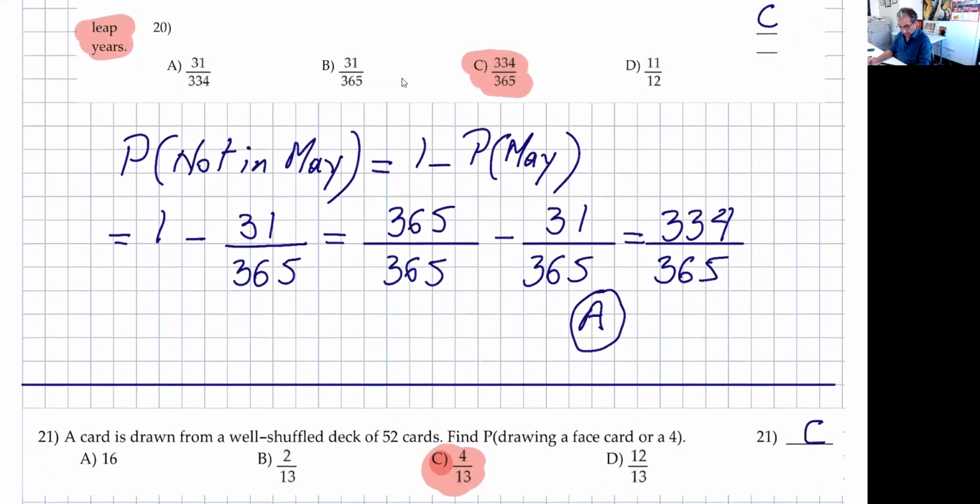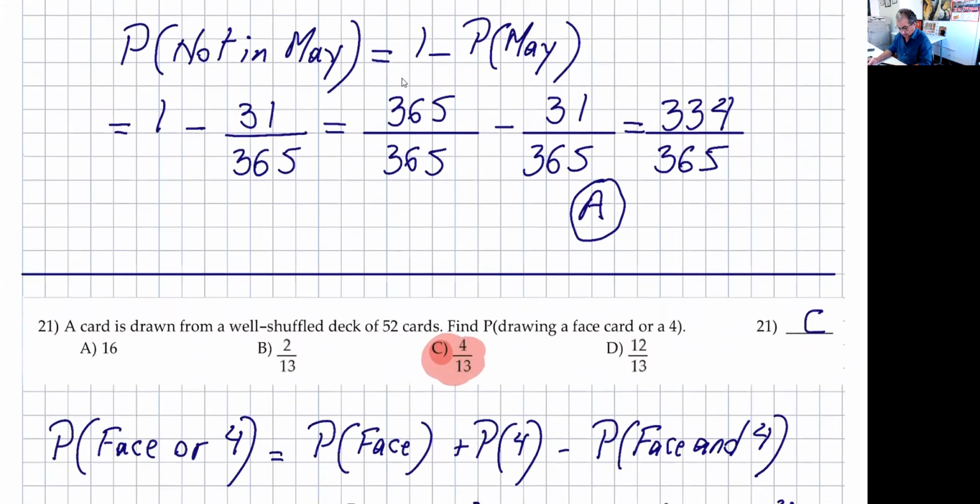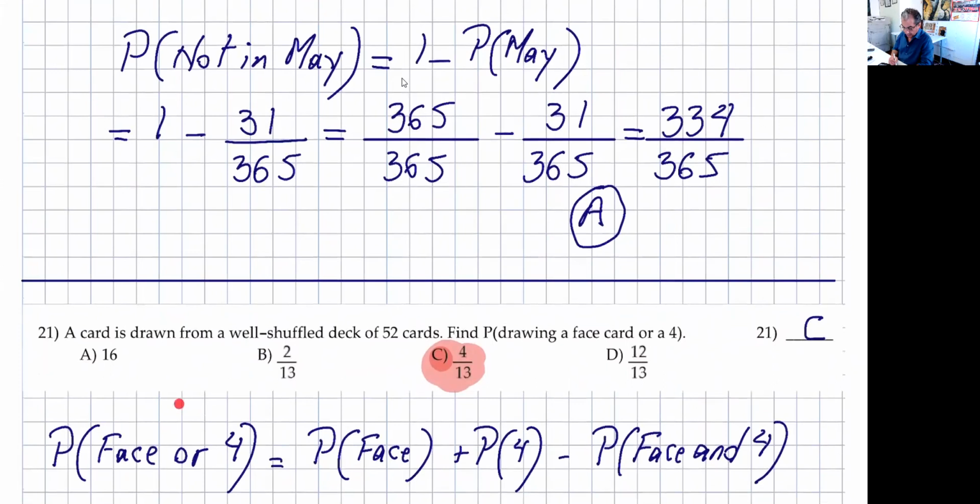Number 21. A card is drawn from a well-shuffled deck of 52 cards. Find the probability of drawing a face card or a 4. Or is union. Face or 4 is probability of face, plus probability of 4, minus the probability of face and 4.